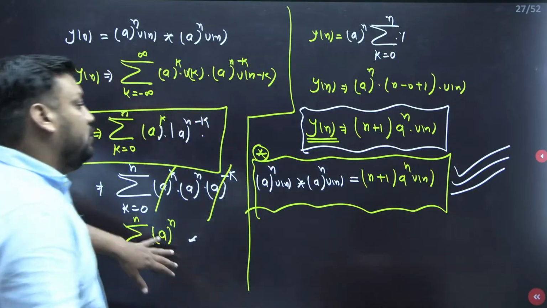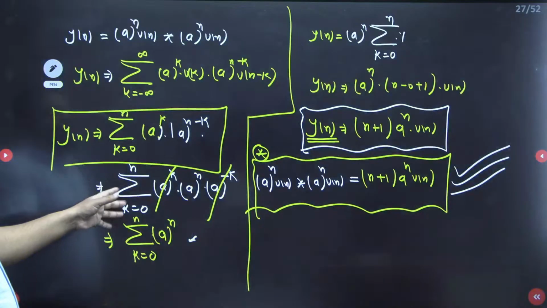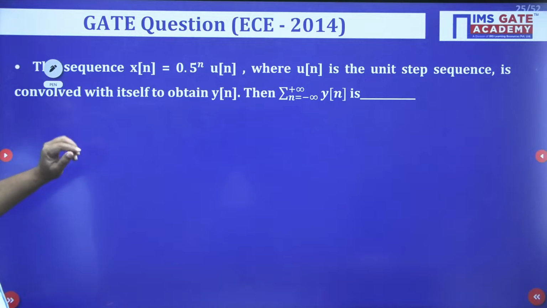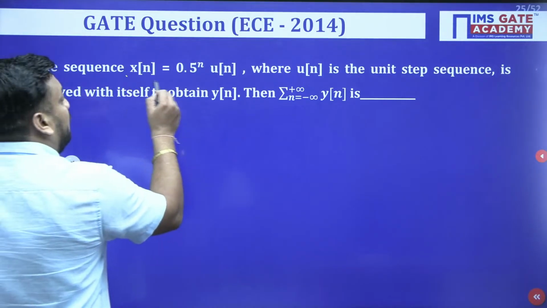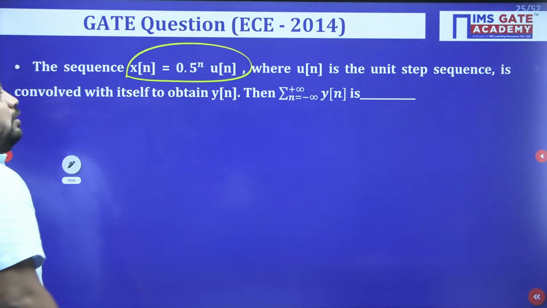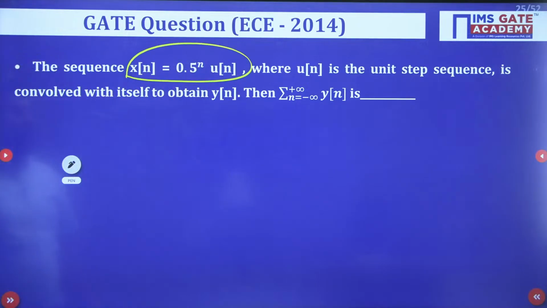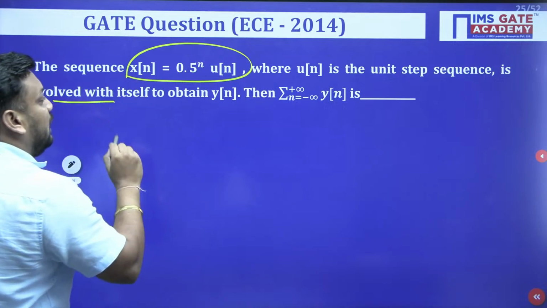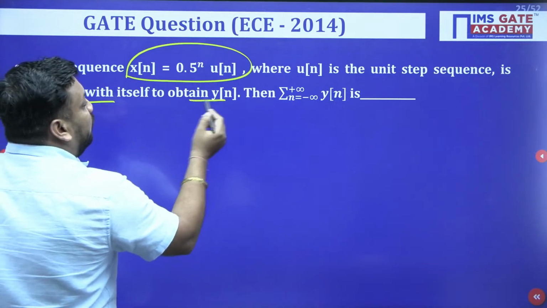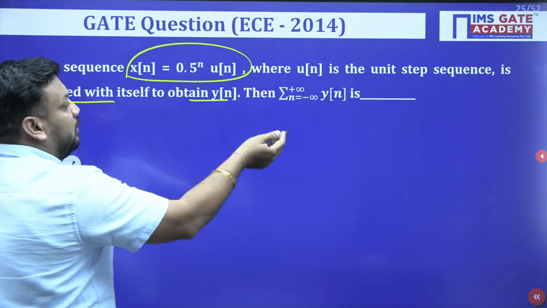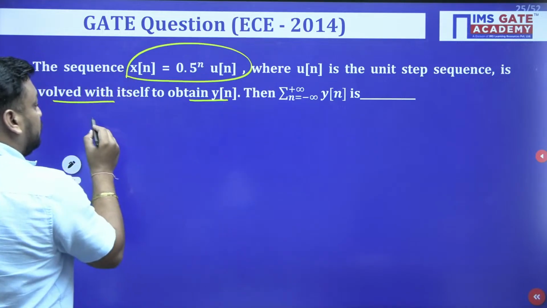And now we can solve the last question. The sequence x[n] equals 0.5^n u[n], where u[n] is the step sequence, is convolved with itself to obtain y[n]. Then the sum from minus infinity to infinity of y[n] is what?